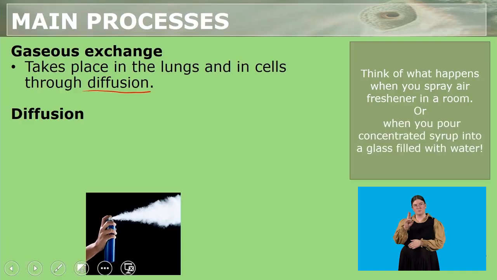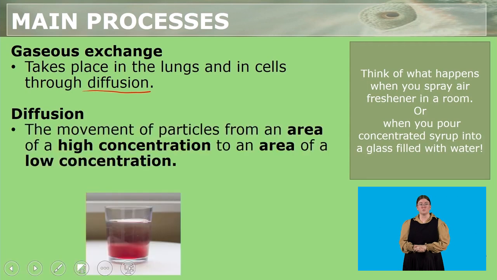So diffusion can happen with scents, like I've given you an example of an air freshener. It can also happen with concentrated syrup. You can think of what happens when you pour concentrated syrup into a glass filled with water.